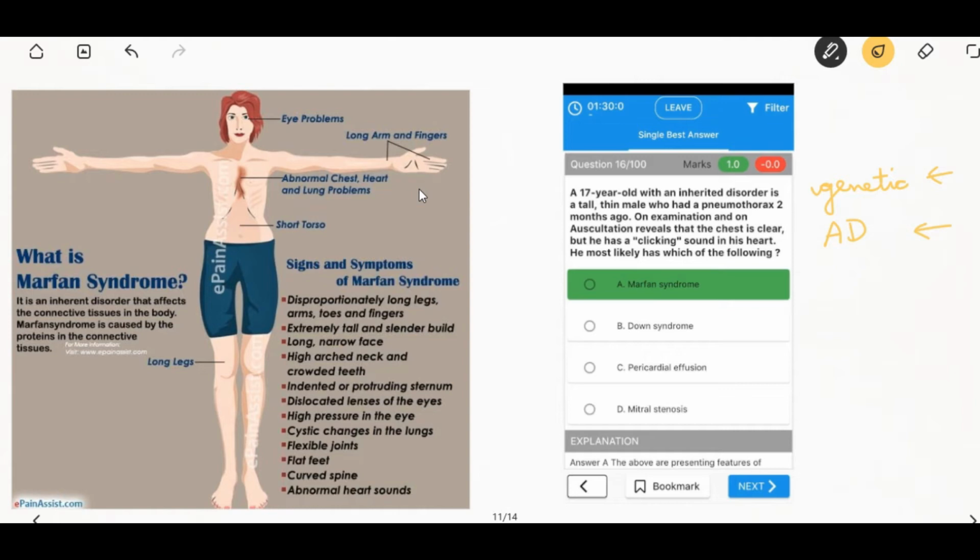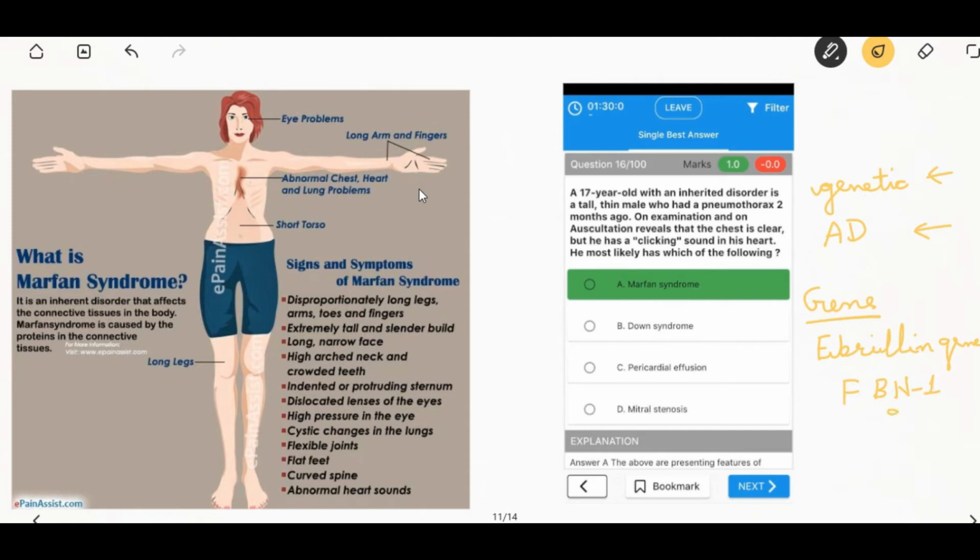What is Marfan syndrome? Marfan syndrome is a heritable genetic disorder with autosomal dominant inheritance. The gene involved in Marfan syndrome is the fibrillin 1 gene, that is the FBN1 gene.